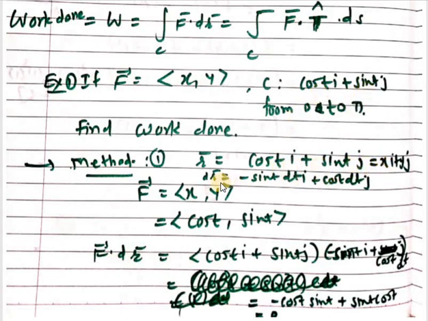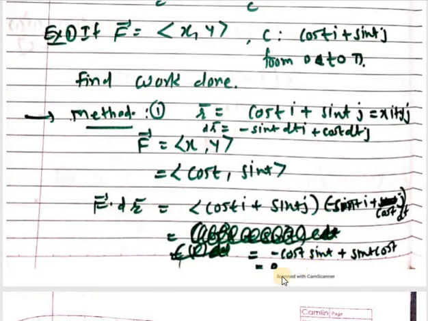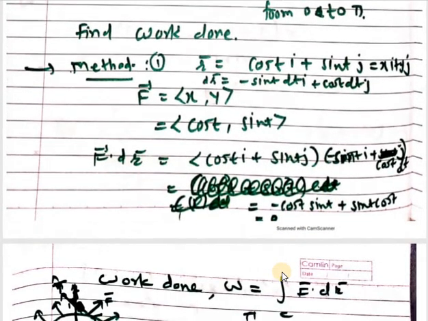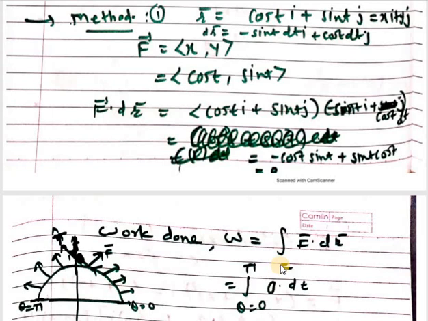Again we can find dr bar. And F is equal to (x, y), so we have cos t, sin t. F dot dr bar we can determine, and that will be 0. Simply verify all the steps and you will get F dot dr bar equal to 0. When we apply this formula for the work done, since F dot dr bar is 0, the total work done is 0.